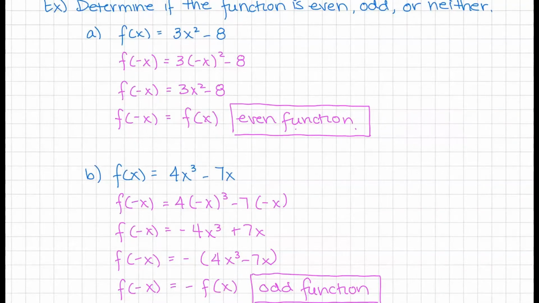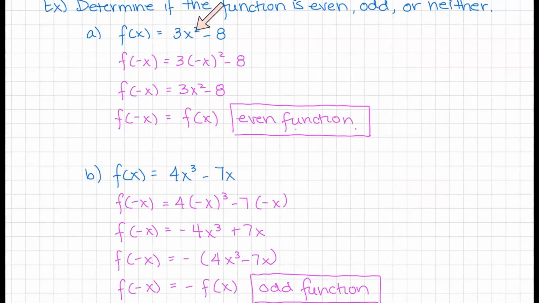Now, it's kind of weird if you think about the terms even and odd. Where do we even get those words from? Why would they call these even and odd functions? Well, you might be seeing it right now. If you are dealing with polynomials, now this only works for polynomials. And polynomials are things like this. The coefficients have to be real numbers, so you can't have i.